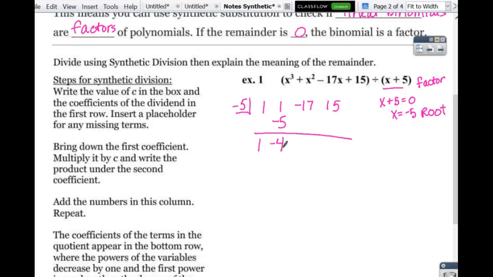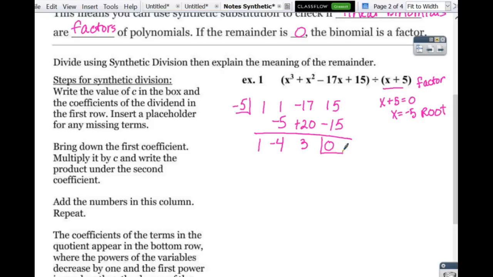-5 times -4 gives me +20, and I add and get 3. -5 times 3 is -15. The last one is your remainder, and I'm going to put a box around it so you know it's the remainder.